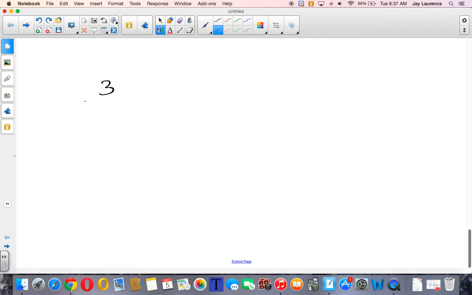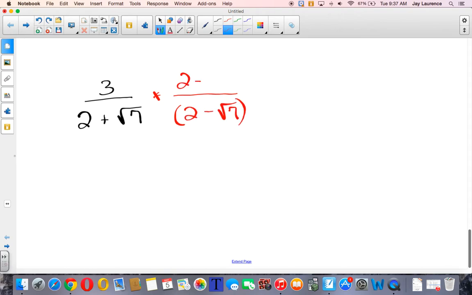How about 3 over 2 plus rad 7? Okay, well, I'm not going to just square the denominator in this case. I'm going to multiply by 2 minus square root of 7 because it will allow my denominator to have a rational answer.